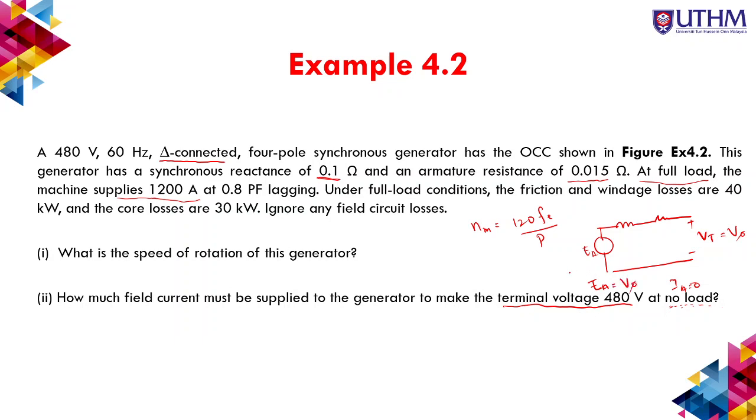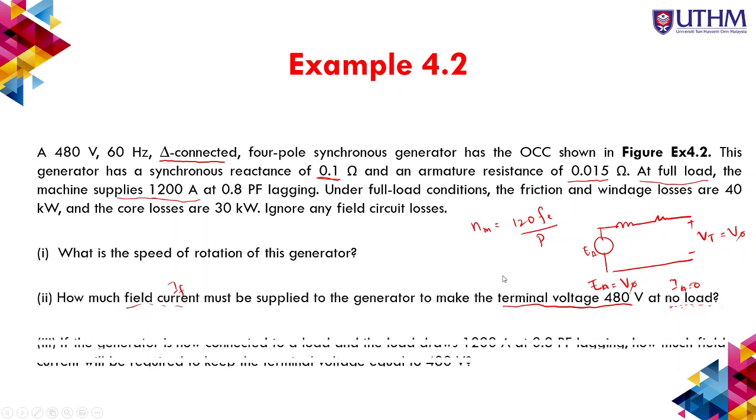Okay, so how much field current? Field current IF. From here we can see V phase is equal to 480 and equivalent to the EA. Then we look at the graph, and from the graph we can get the IF.